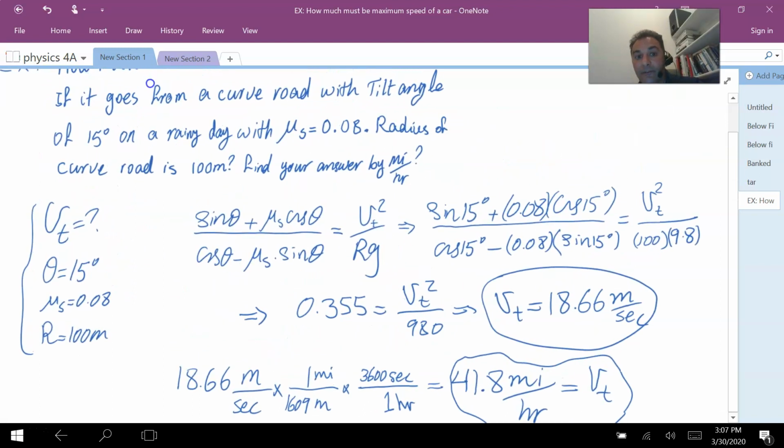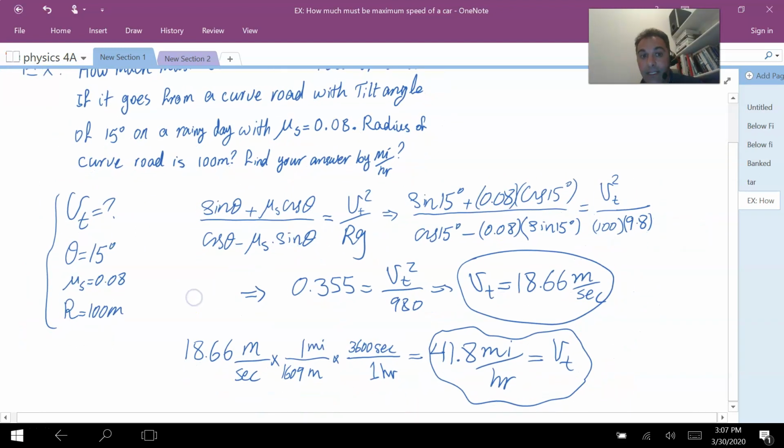This is my maximum velocity that I can have on the rainy day if I go through this curve. Pay attention. If my radius is 90 meters, you tell me, velocity must be less or more than this. If my radius becomes smaller, I need to go slower.